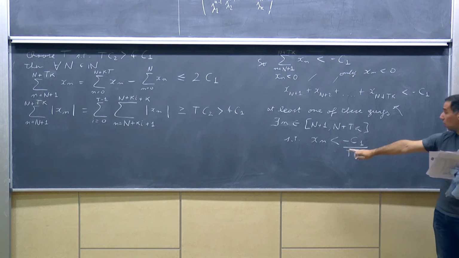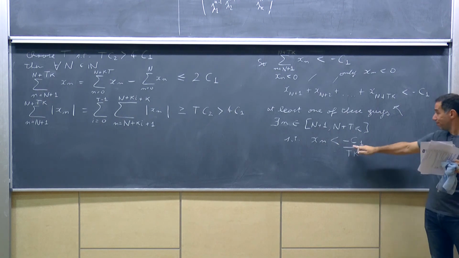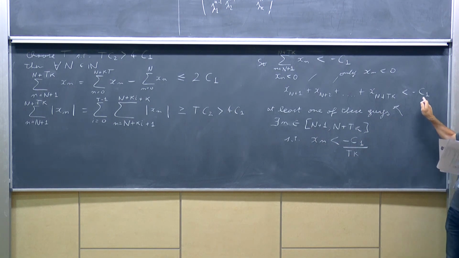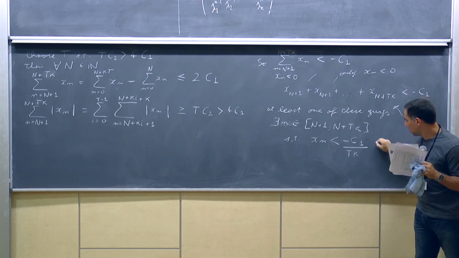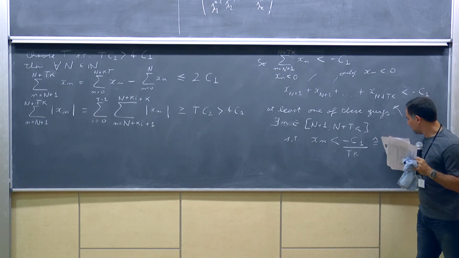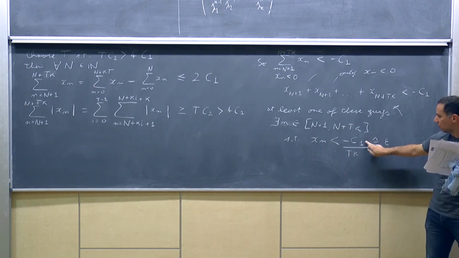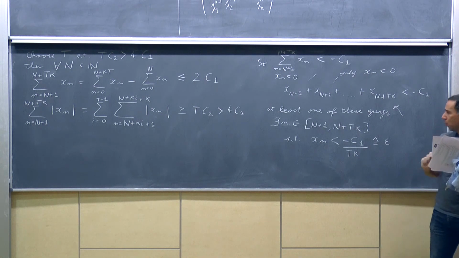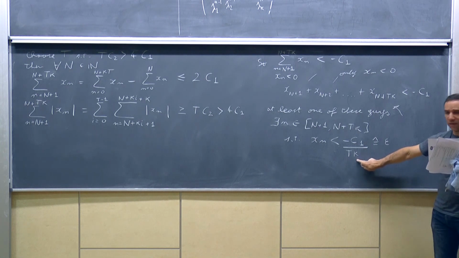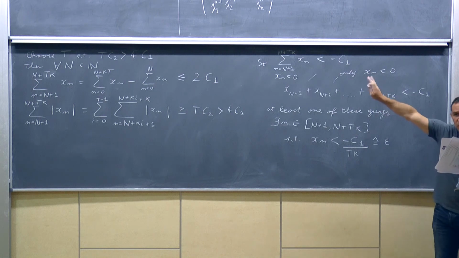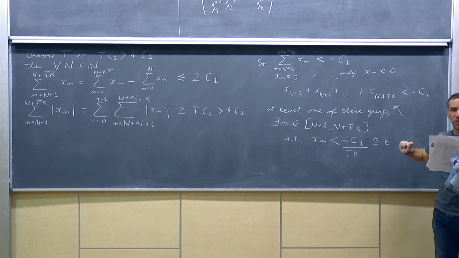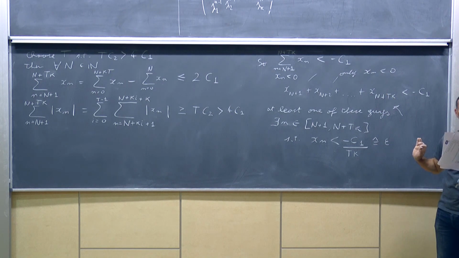Because if they're all bigger than this, then I wouldn't be able to achieve this sum. Well, I'm done. Take this to be my epsilon. I've shown that there is one n that goes below this. These constants t and k: k was given to me, t was found at some point, and C1 was also found. So this is a constant that's independent of the little n.